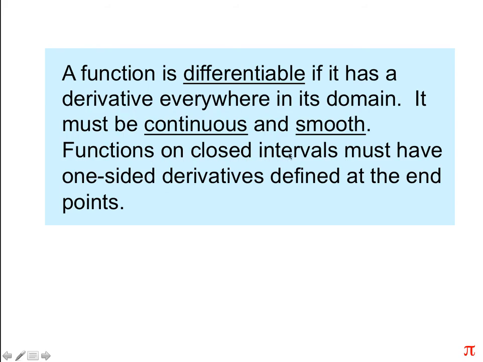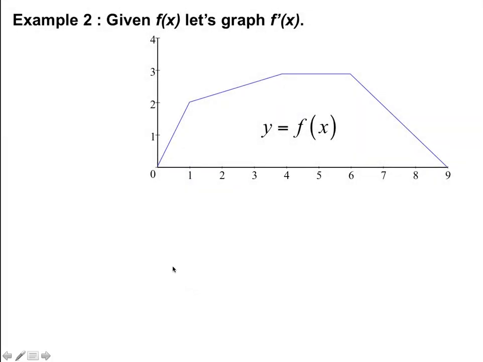Okay, functions on closed intervals must have one-sided derivatives defined at the end points. So if we think about our functions that had domains that begin and end at specific points, like our piecewise functions, if I want a derivative at the end points, I have to have that closed-in dot. So let's discuss what that means.